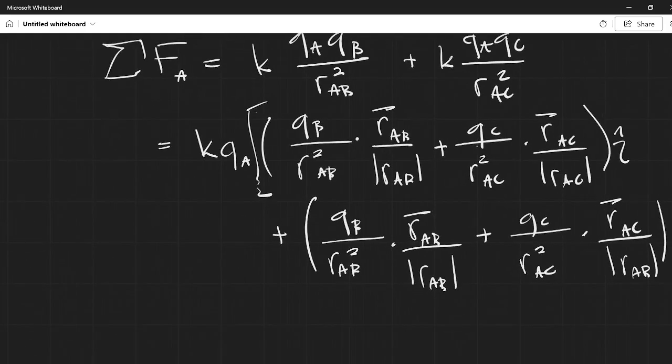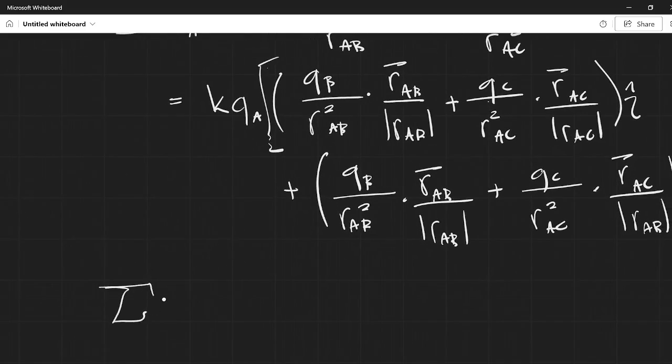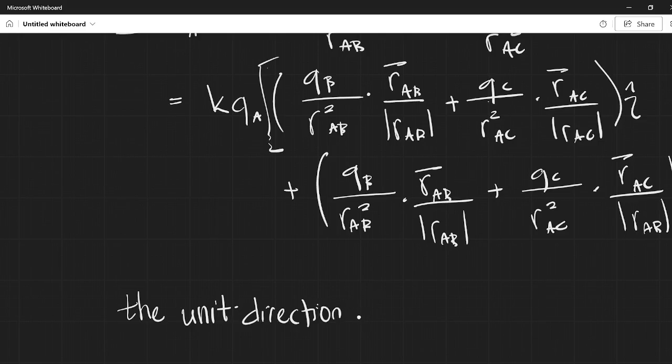Now we've got this super nasty expression. We probably want to simplify this for sure. We know that the unit direction vector is given by this little r hat, and that just equals the vector divided by its magnitude.